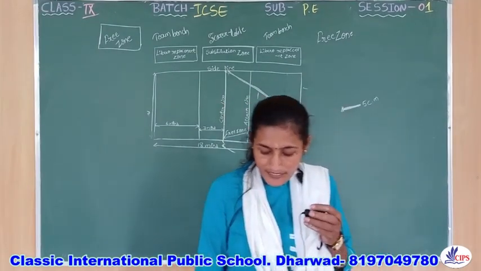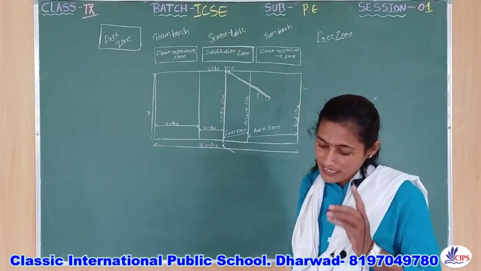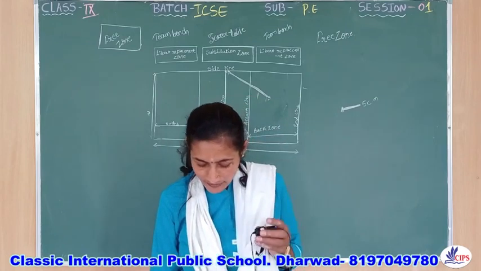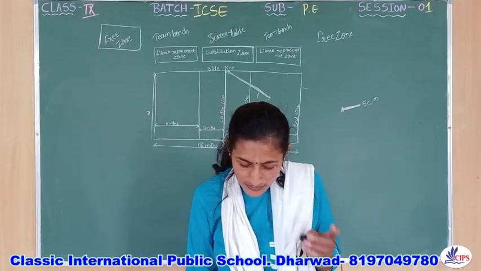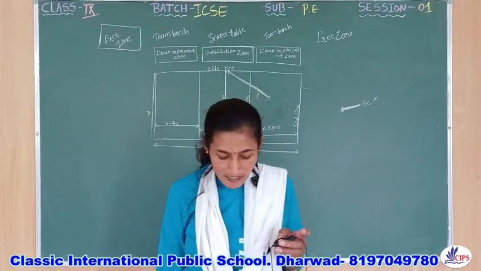Okay, now the size of the net. Length is 9.50 meters to 10 meters. Then the size of the net mesh. This is the net.